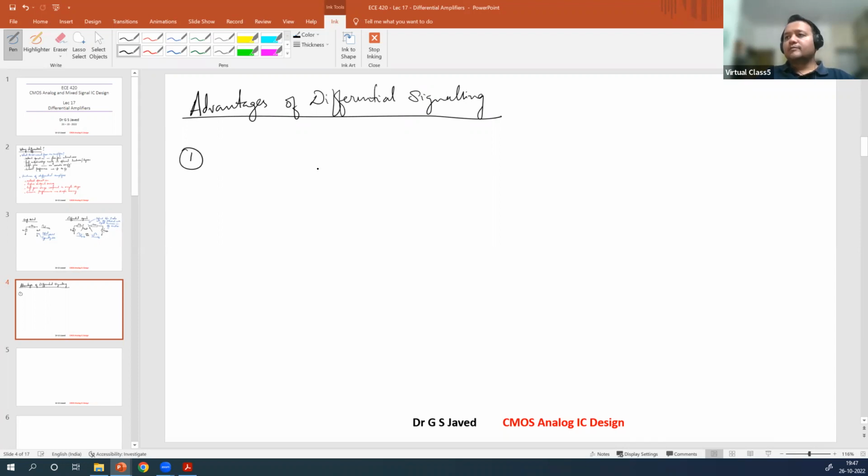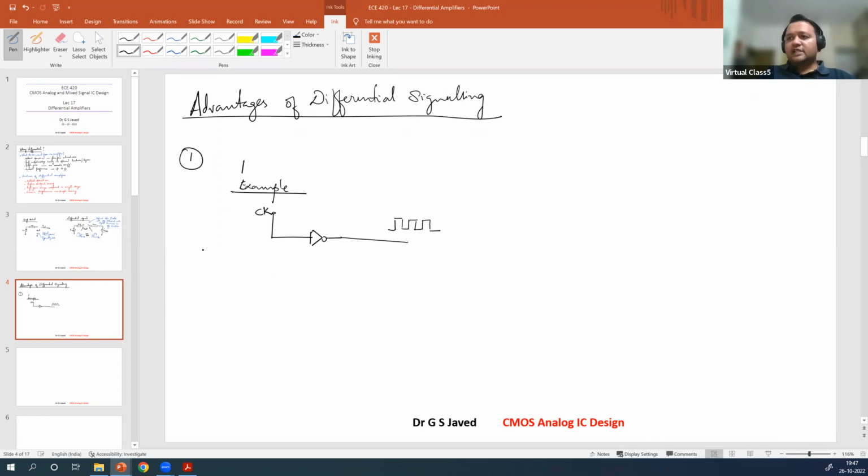For example, you have a line or a trace here. This trace is having a buffer and it is carrying a clock signal, right? So you'll have a clock signal like this.